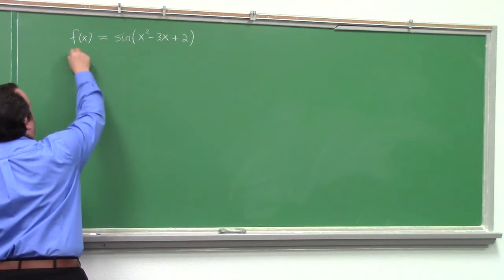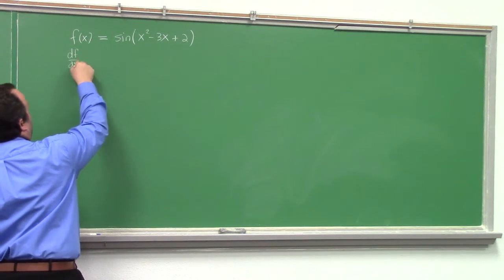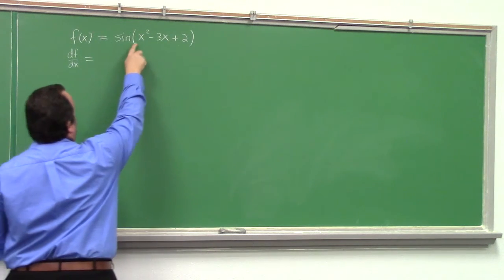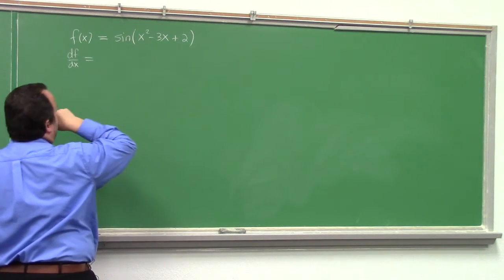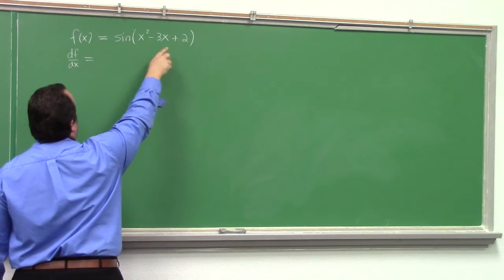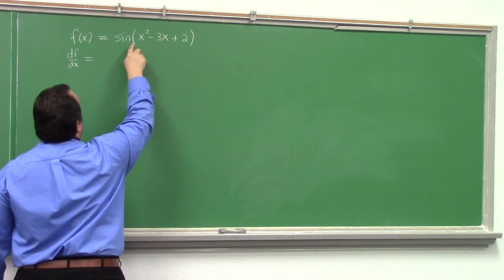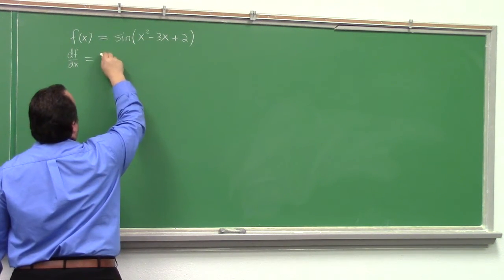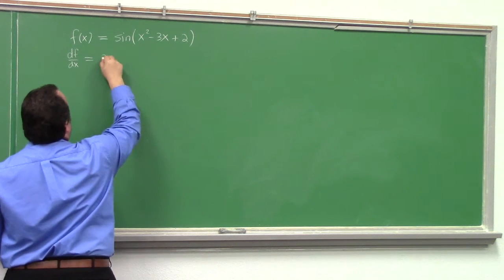So first of all, the derivative is the derivative of the inside function times cosine of that, right? So I'll just go ahead and write down, the derivative of the inside function is 2x.